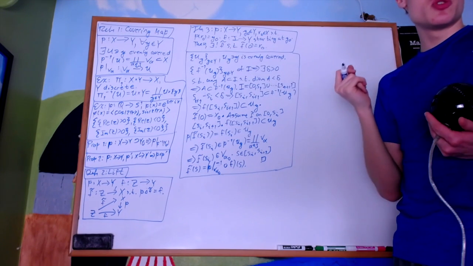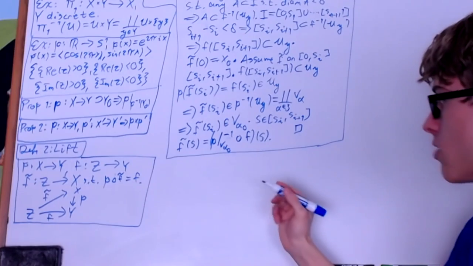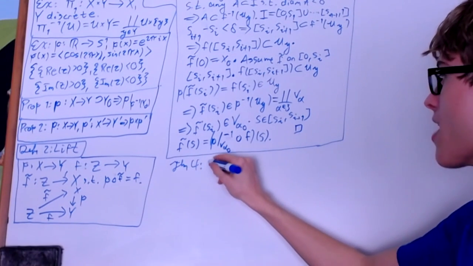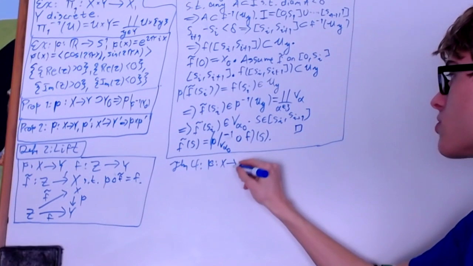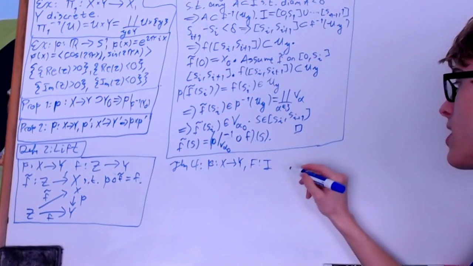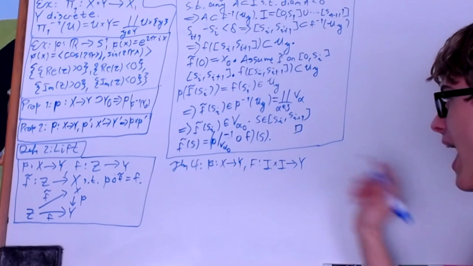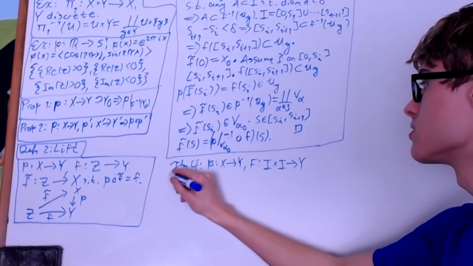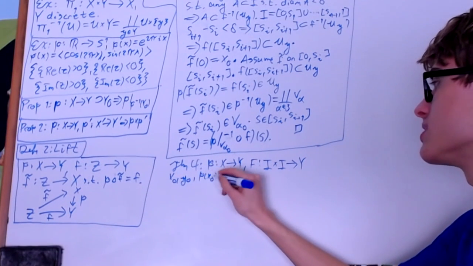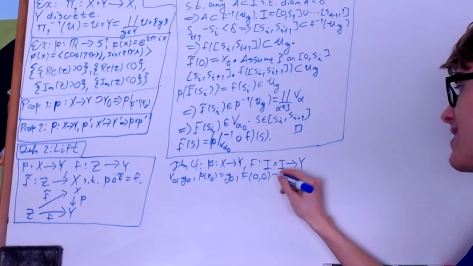Now we're going to do a bit more of an advanced theorem, but we're just going to skip through it really quickly with an intuitive explanation for why it's true. Basically, if we have a covering map, P, which goes from X to Y, and we have some map, F, which takes you from the product of the interval with itself to Y, and we're also given two points, x0, y0, and we have it that P of x0 is equal to y0, and we have it that F of (0, 0) is equal to y0.